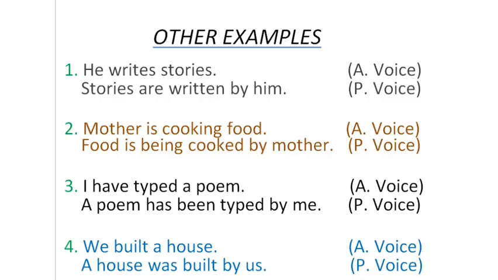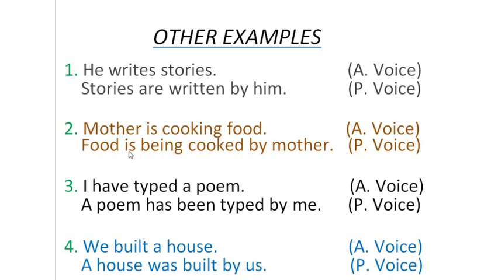Let's take some of the examples. Number 1, present simple. He writes stories. This is active voice. Passive voice is stories are written by him. Stories OV is or am or are, written TFV plus BP by him. Number 2, present progressive form. My mother is cooking food. Active voice. Passive voice is food is being cooked by mother.